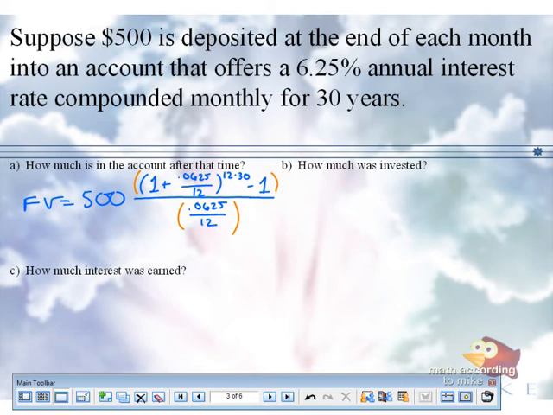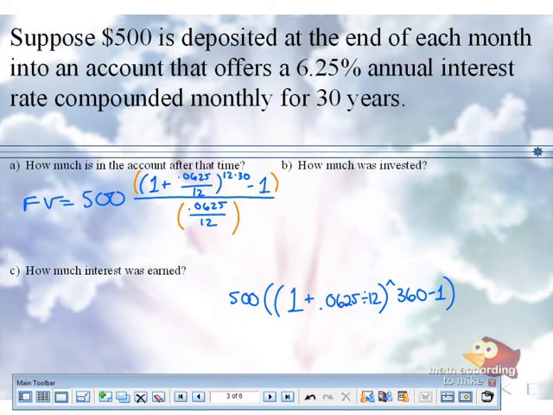So reading from left to right, top to bottom, in your calculator, you're going to write 500. First parenthesis for the numerator. Second parenthesis for this quantity, 1 plus 0.0625 divided by 12, parenthesis for that quantity raised to the 12 times 30, which is 360, minus 1, parenthesis to finish off the numerator.